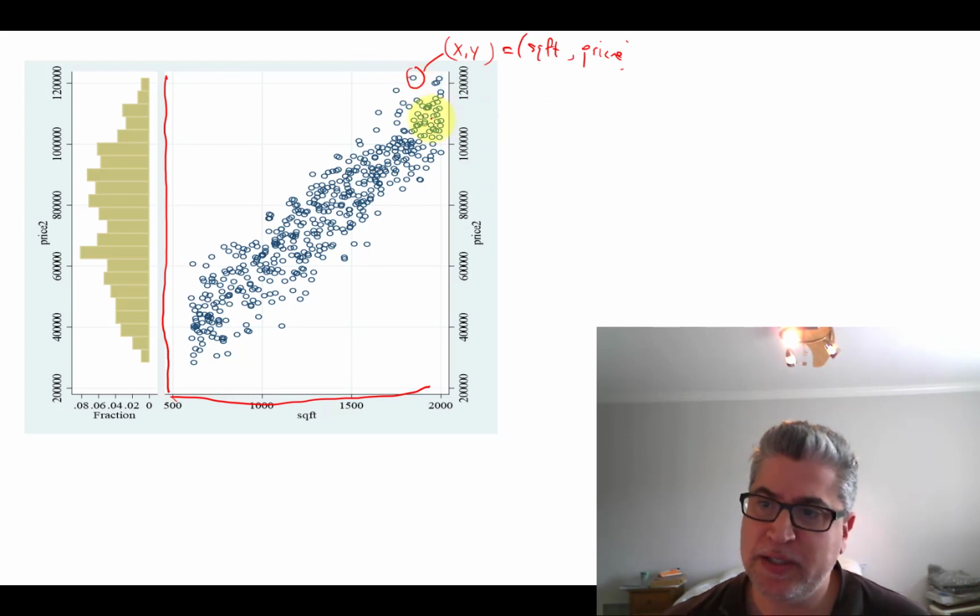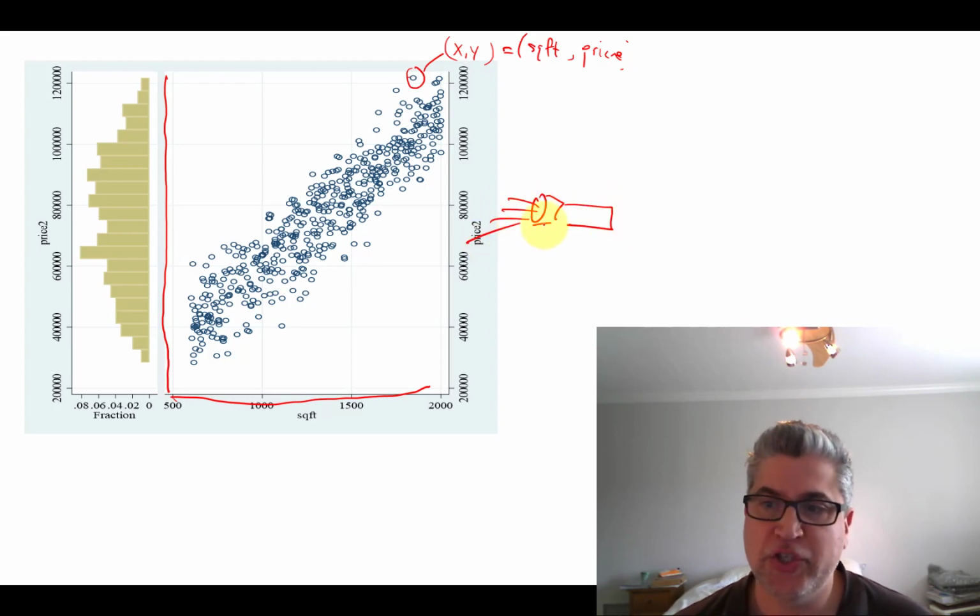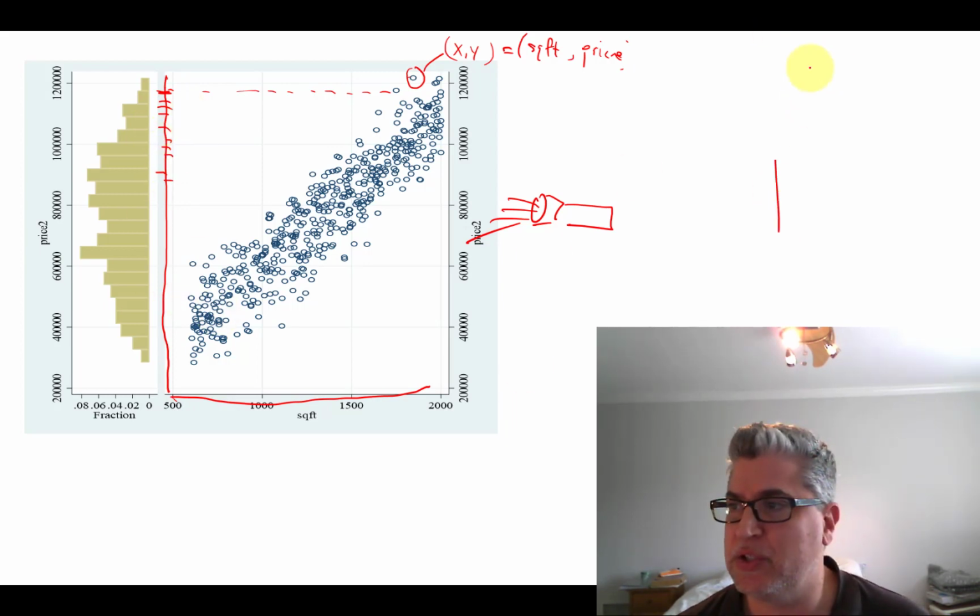So in other words, take a bright flashlight and shine that flashlight through that scatter of points so you can project it onto this y-axis. You could do that really because you've got your data set, you've got x, you've got y, so you've got square footage and you've got price.